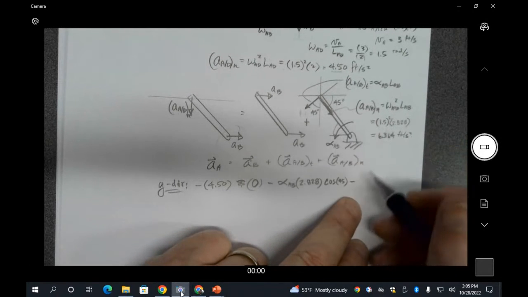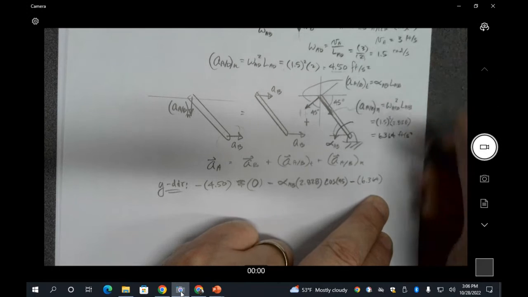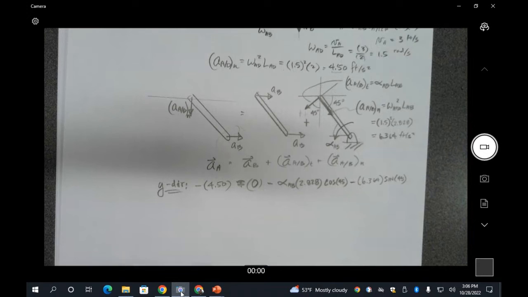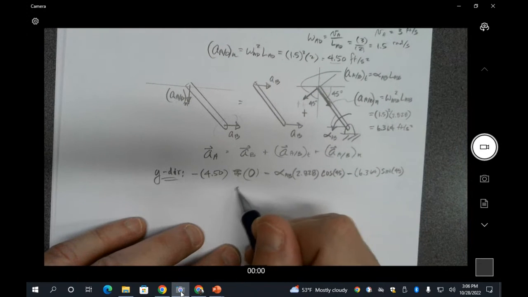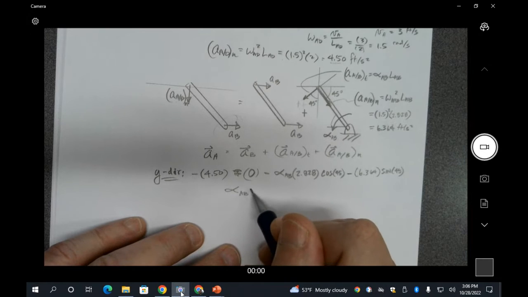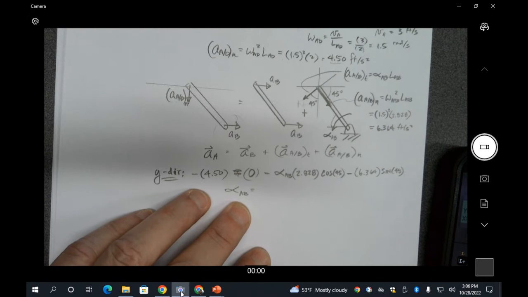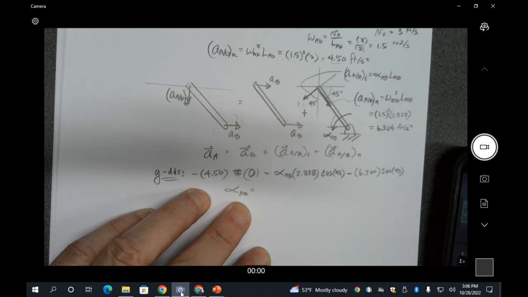So coming back down to here, we'll use that 6.364, and we only want to take the sine of 45. Obviously, because it's 45, the sines and the cosines don't matter, but I want to try to keep straight why it's the value that it is. So from that, we can find the angular acceleration of AB. We're going to multiply that by a cosine of 45.